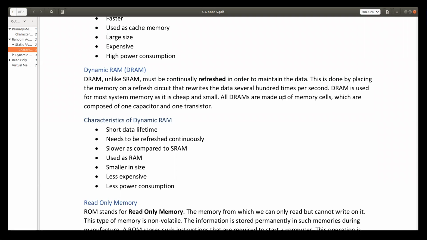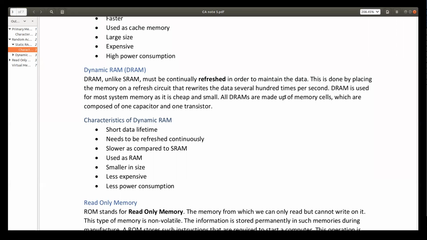Your computer system is running, then also periodically, I mean after some time, suppose after a few seconds, data will be flushed out, and again it will be reloaded into the RAM. This thing will be done periodically. So this particular thing is known as refresh. Okay.